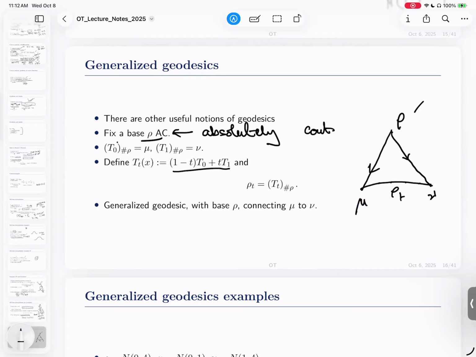Does this make sense? Same question. Rho t is given by a push forward of rho by a map capital T of small t. Is this map optimal?